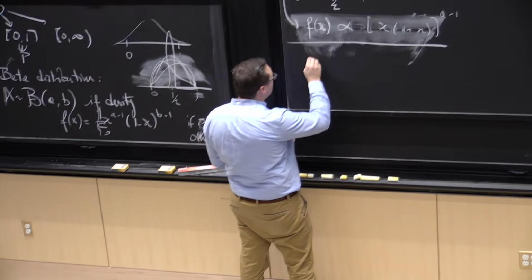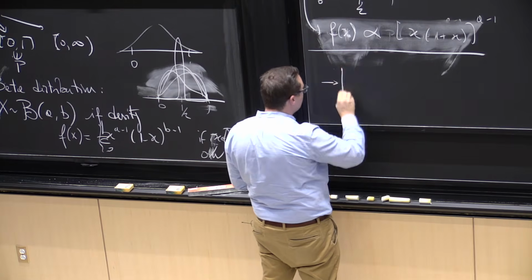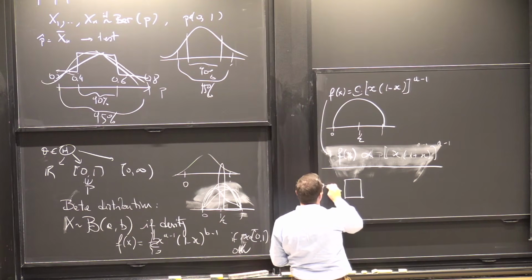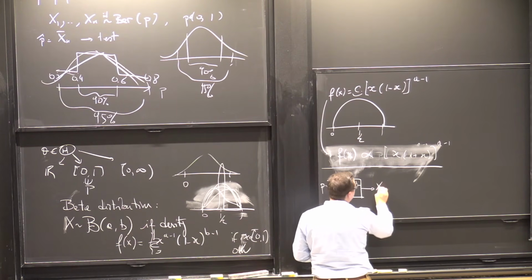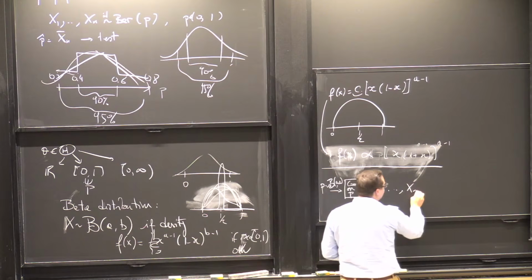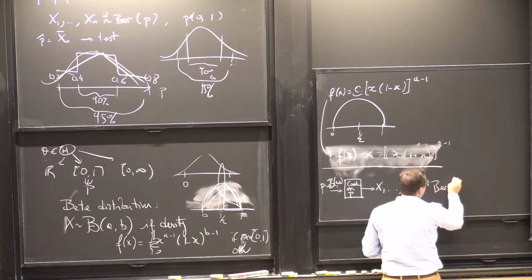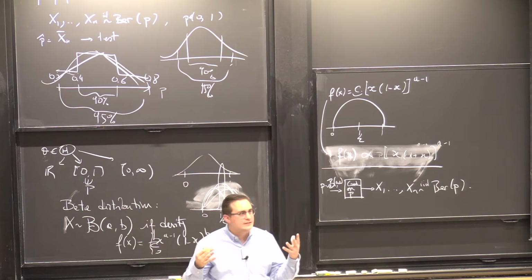Nature first draws p. So p follows, say, some beta(a, a). Then I condition on p. And then I draw x1 to xn that are IID Bernoulli p.